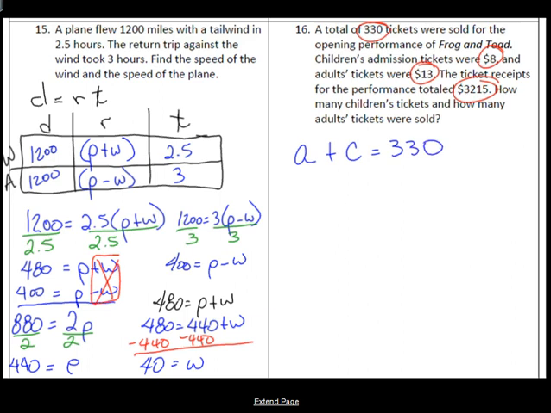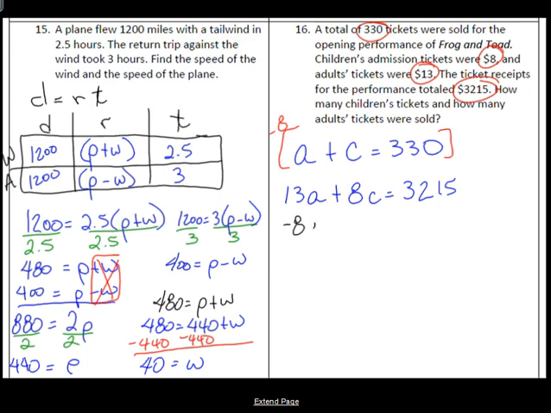If I multiply the adults by 13, that tells me how much money I raised for the adults, plus 8 for the children tells me how much I had for the children, and together I had $3,215.